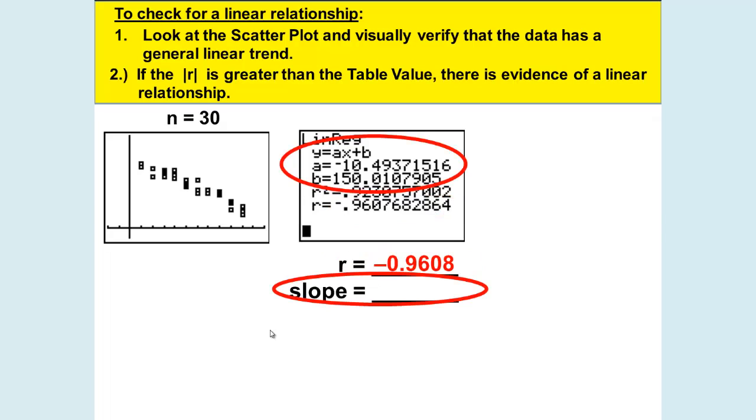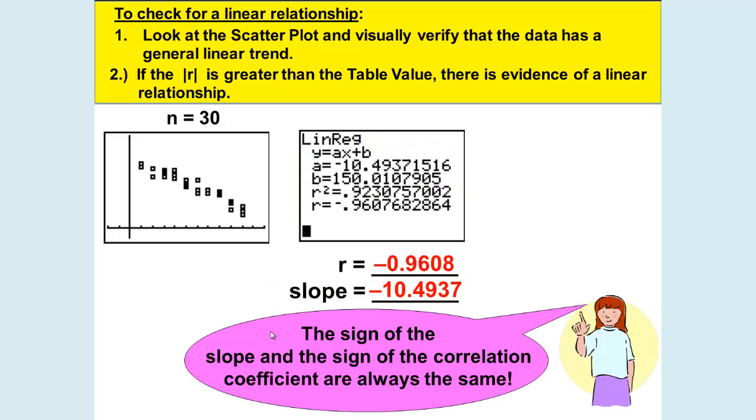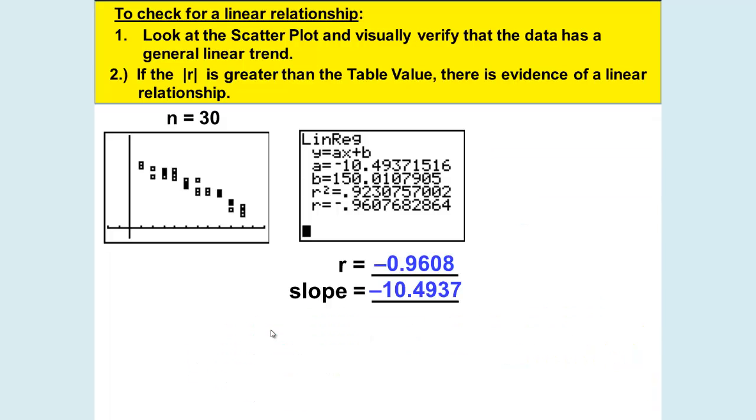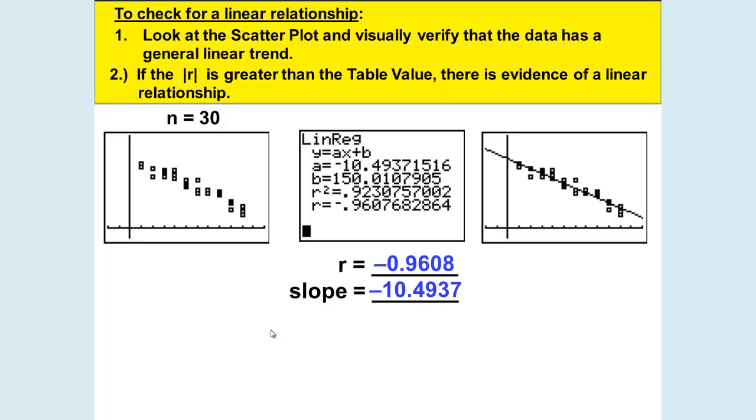Our slope is given as A at the top, and it is negative 10.4937. R is negative, slope is negative. The sign of the slope and the sign of the correlation coefficient are always the same. If we drew the line through the graph, we would get this graph with the line going through it.